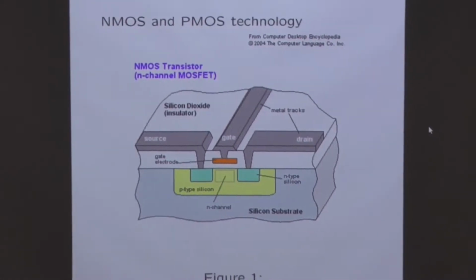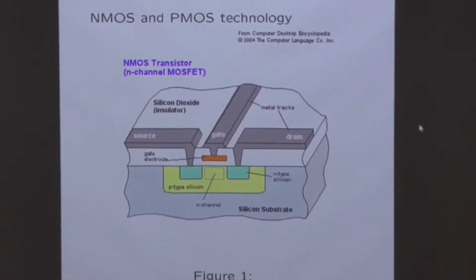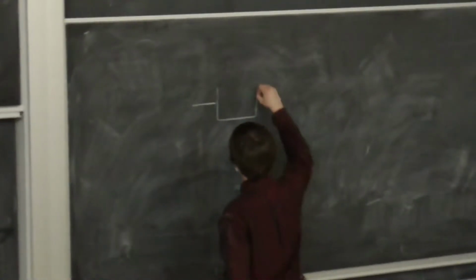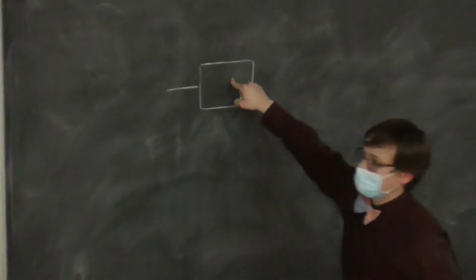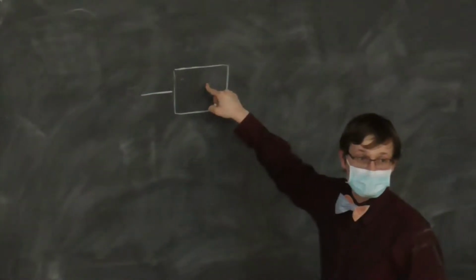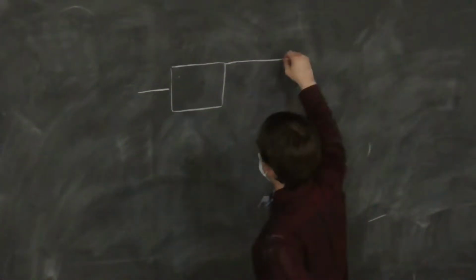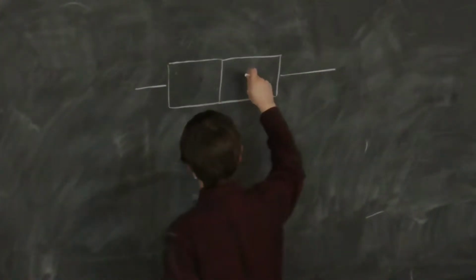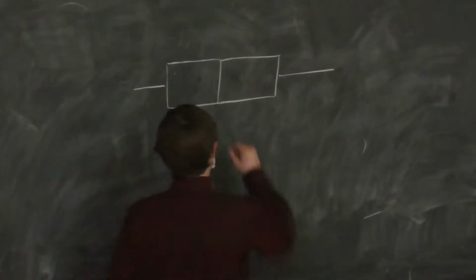So, very roughly speaking, we'll start with a diode, right? What a diode actually is, it's a region of N-type silicon directly opposing a region of P-type silicon. N is negative, P is positive, obviously.